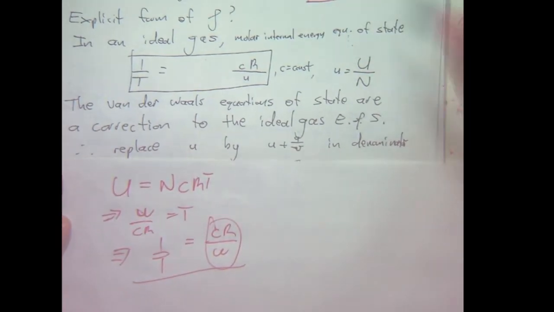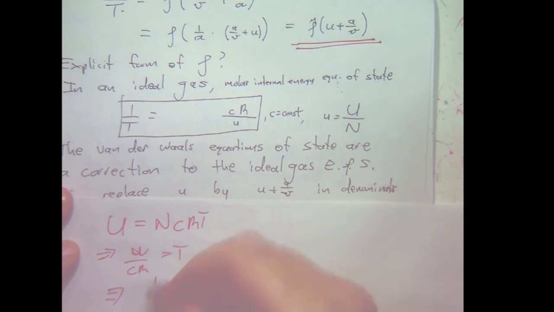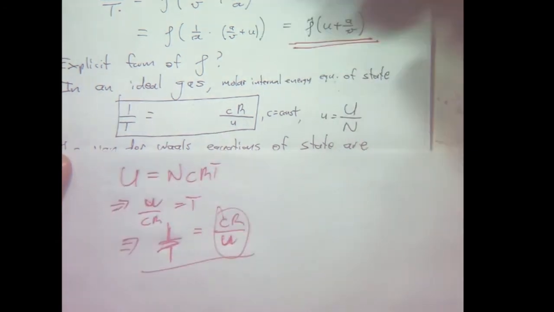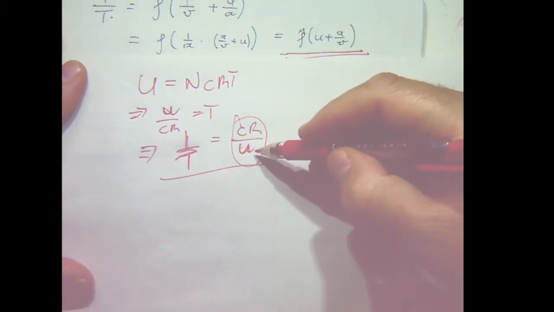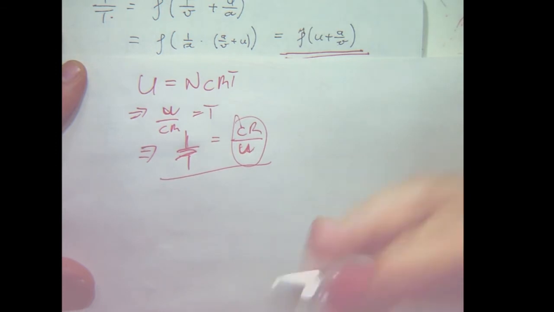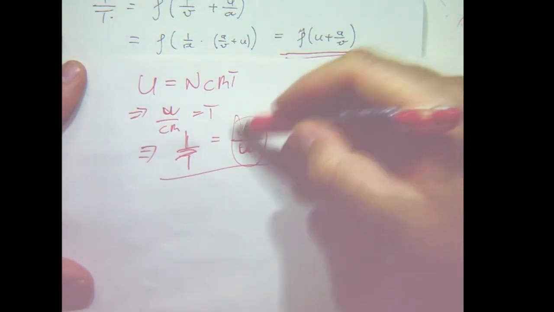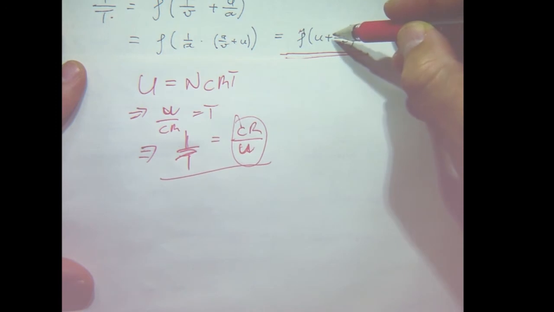So we would replace u in here. We know that 1/T in the van der Waals picture has to be a function of u plus a/v, not just of u. So what's the simplest way of adding a correction to this that's consistent with what we worked out mathematically?